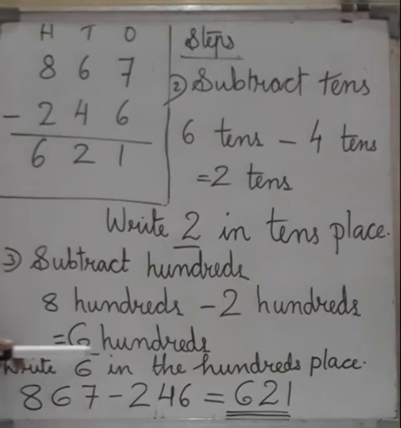This 6 we will write here in hundreds place. Thus we are getting the answer 621. That is 867 minus 246 is equal to 621. Okay.